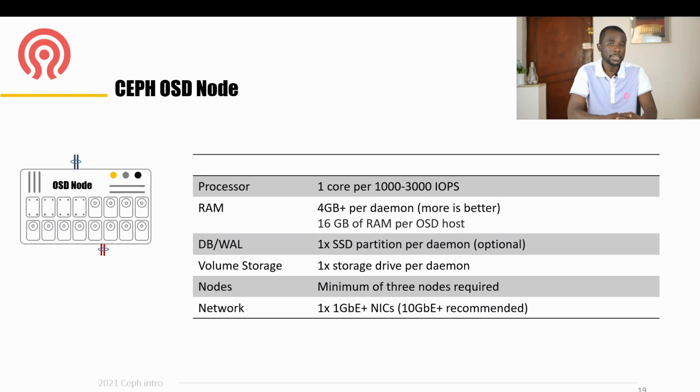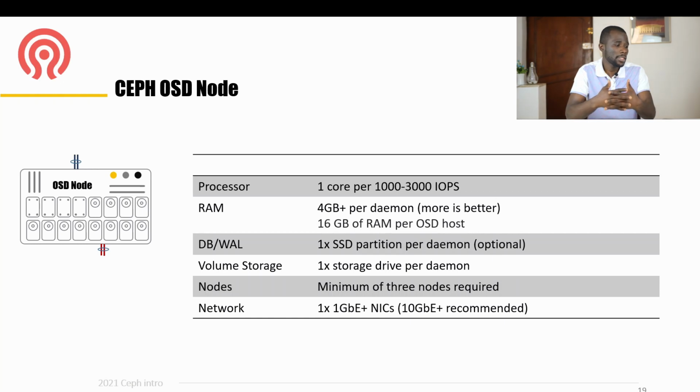Regarding the CPU, from 1,000 to 3,000 IOPS, you should provision 1 core. Okay, concerning the RAM, it is advised to have at least 16 gigabytes of RAM for the host, which embeds all the OSDs or all the mechanical hard drives.